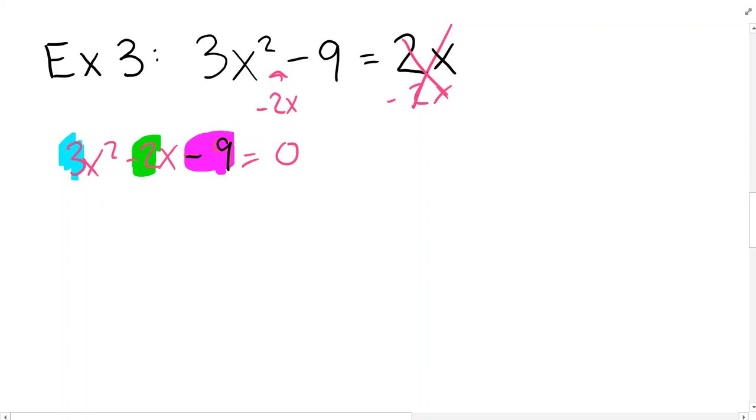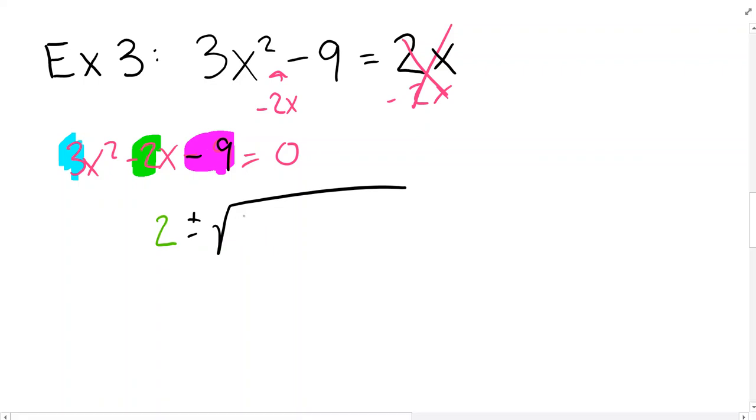So then I'm going to plug that into my formula again. So I'm going to do negative b. So this is going to be negative 2, which is just positive 2. Plus or minus the square root of b squared, so 2 squared, negative, sorry, I wrote 2 to the 4th.